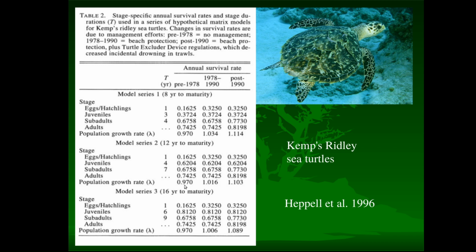Okay, and same thing on these different models. If you assume maturity at 12 years or maturity at 16 years, these management interventions have had a positive effect on the population lambda that you can calculate from the life table.